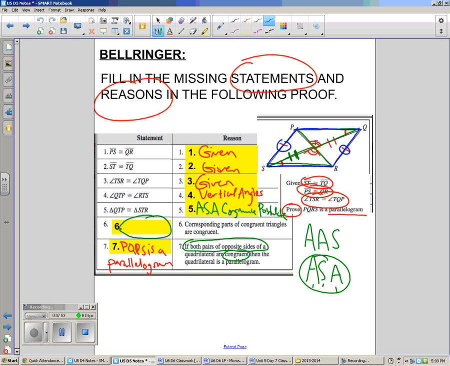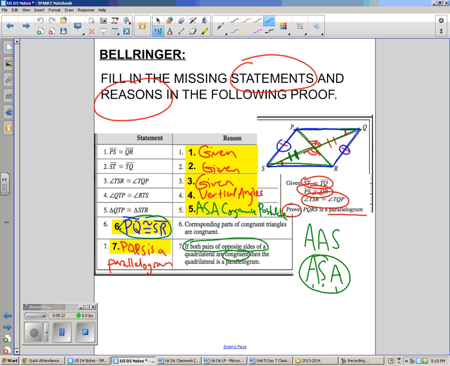So that means in order to say PQRS is a parallelogram in statement 7, in statement number 6 I need to state that the other pair of opposite sides in this parallelogram are congruent. And by that I mean segment PQ is congruent to segment SR. Okay?